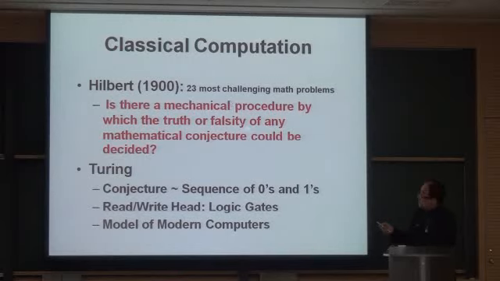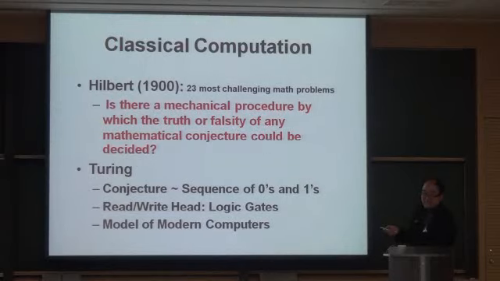And for classical computation, Hilbert talked about the 23 most challenging mathematics problems, and in this poor physicist's translation: is there a mechanical procedure by which the truth or falsity of any mathematical conjecture could be decided?